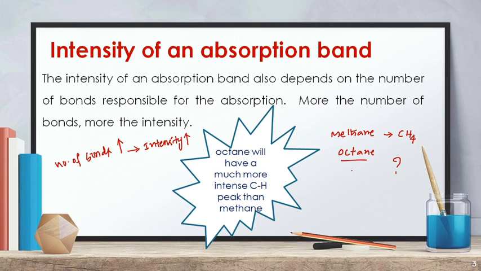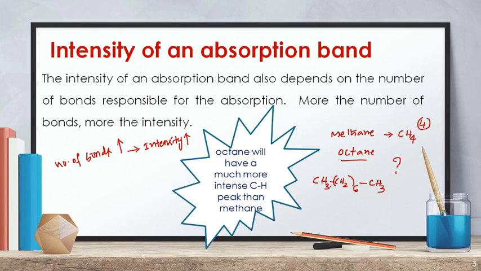The molecular formula for octane would be CH3 CH2 taken 6 times CH3. If you count the number of bonds, the number of CH bonds present in methane would be 4, because the carbon atom is attached to 4 hydrogens. So the total number of bonds present in methane would be just 4 only.